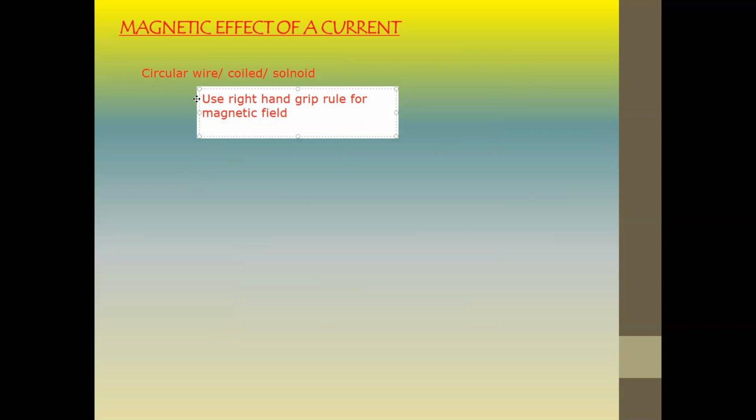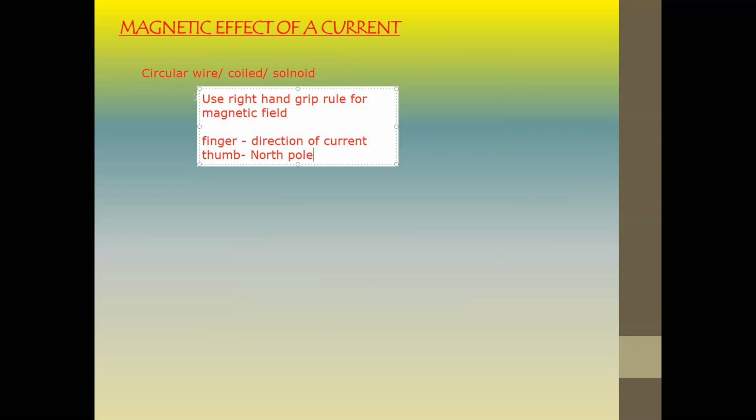But in this case, the fingers will show the direction of current, and the thumb will point towards the direction of the north pole.